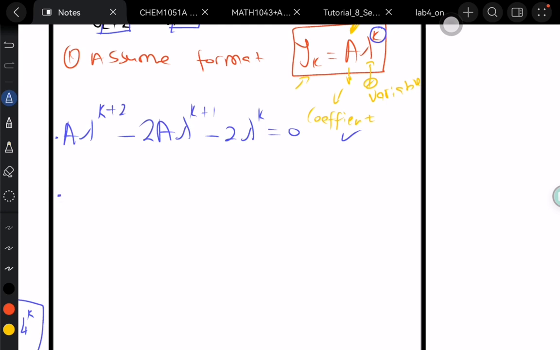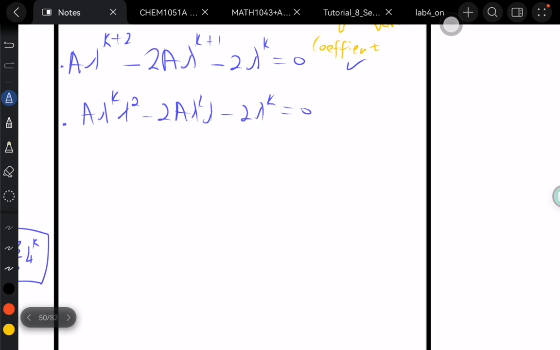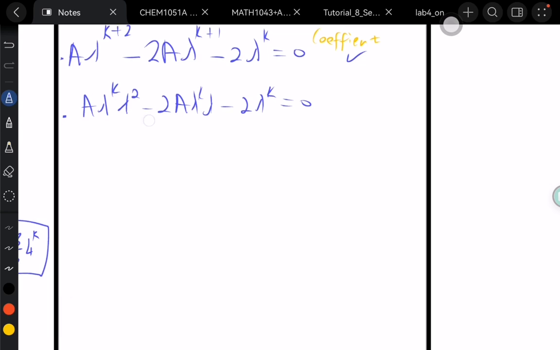In our second step, we use our well-known exponential rules. So let's factor out.